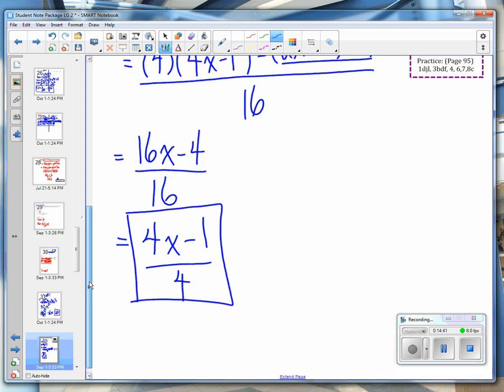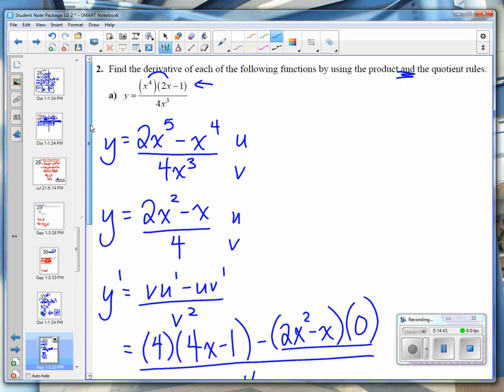So again, I just kind of want to go back up and say, there's many ways of doing this question. You could simplify like what we did, and it's also saying using the product rule. So what you could do, and I'm not going to go through this with you, but you absolutely could turn this into, you know how we simplified the top here? So we did 2x to the power of 5 minus x to the power of 4.